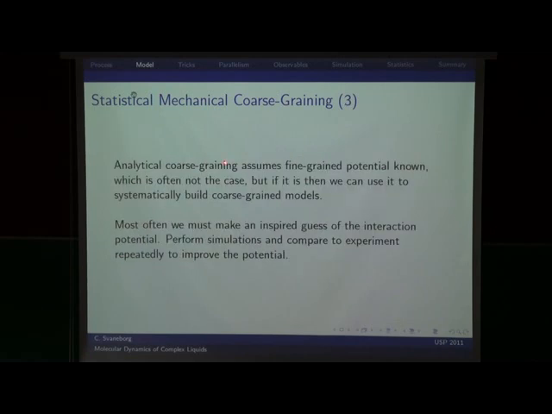So, analytic coarse graining assumes that we already know a fine-grained atomistic representation of the potential. More often than not, this is not the case, but if we do, then we can make a systematic coarse-grained model. And what one can actually do is make a hierarchy of coarse-grained models and work both ways.